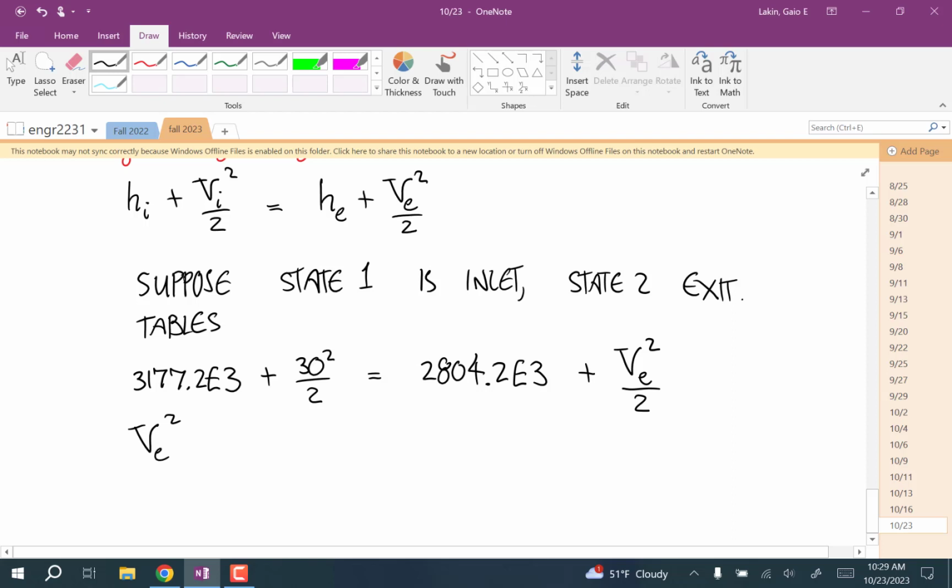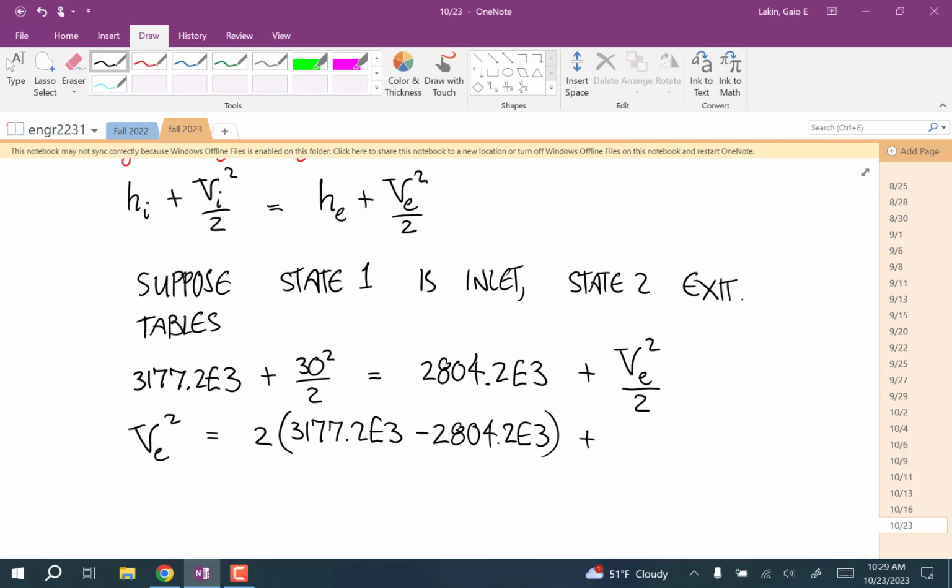So Ve squared is 2 times the quantity 3177.2 times 10 to the third minus 2804.2 times 10 to the third plus 30 squared, that's 900.